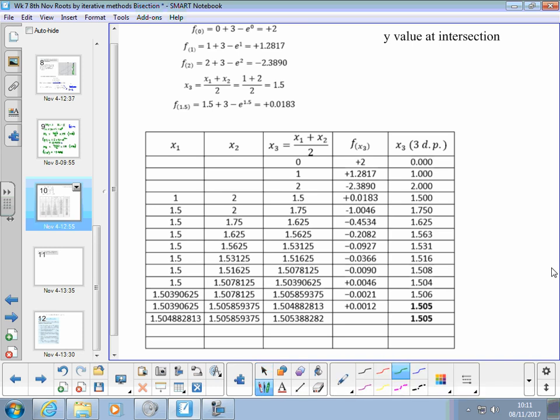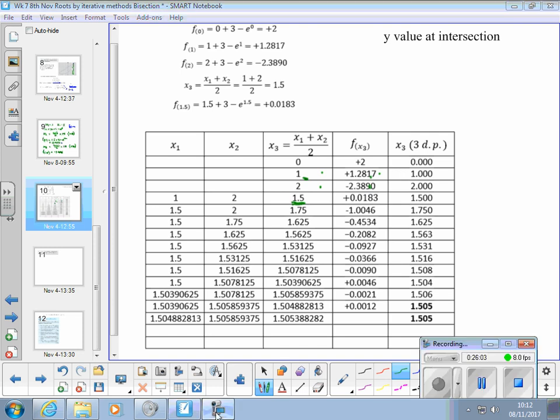What you're looking at is where does this go. So it's still positive.